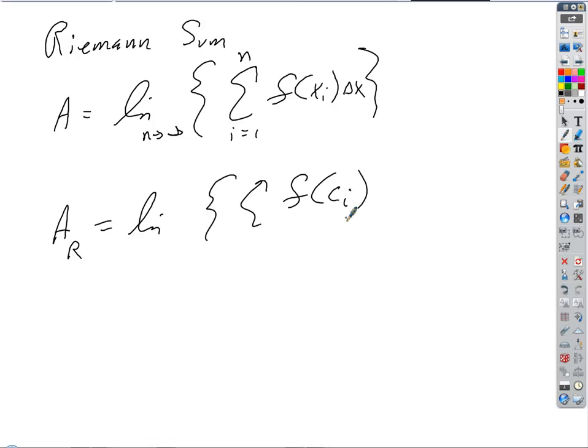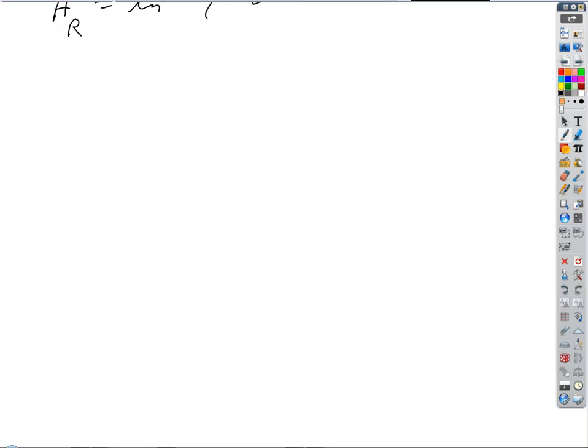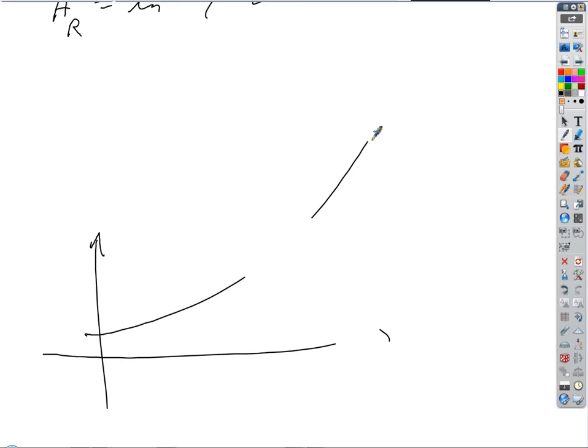If I go back and look at that picture we drew the other day with the individual rectangles, there's our function, there's the ith interval. The most convenient place is x sub i, because that's a plus i delta x.